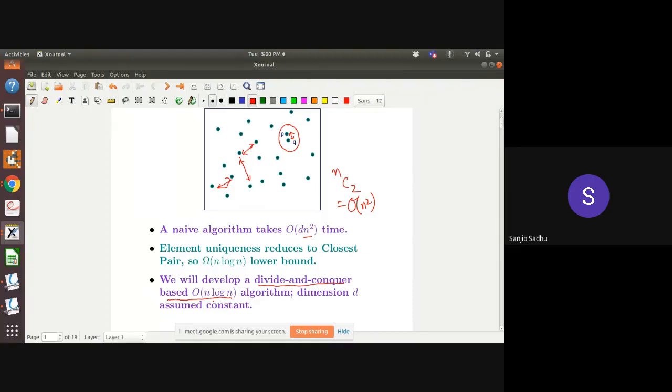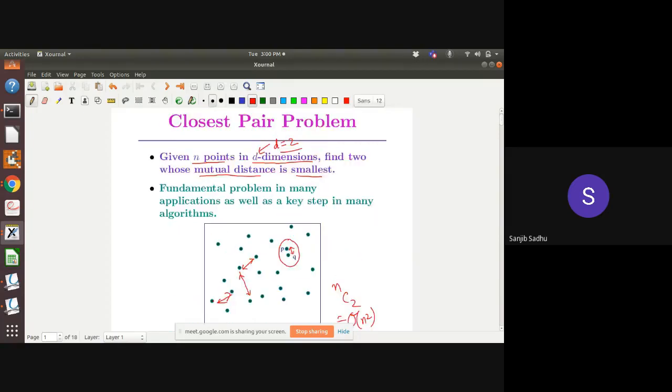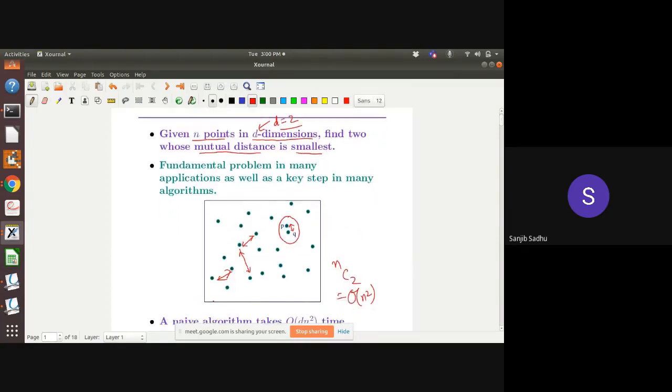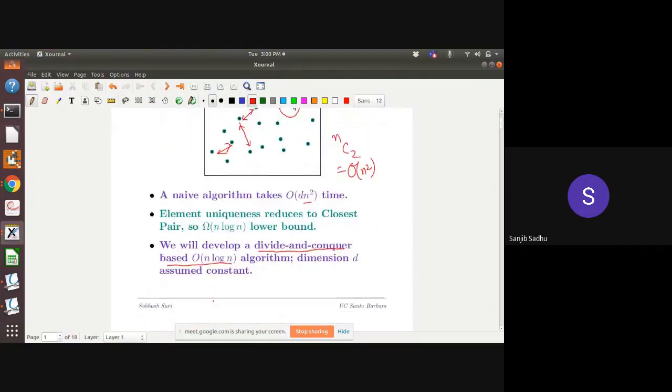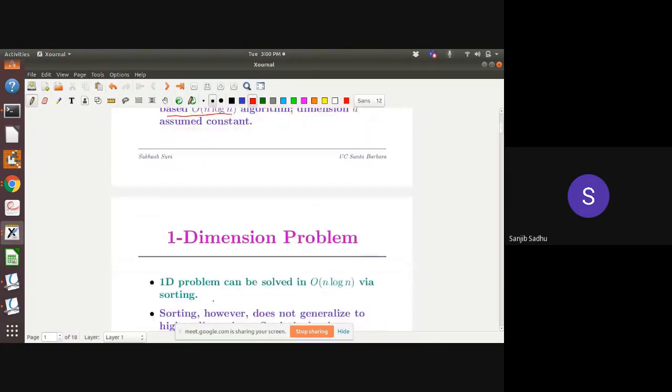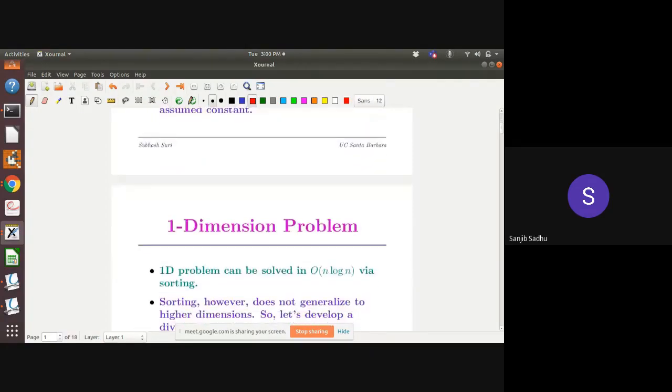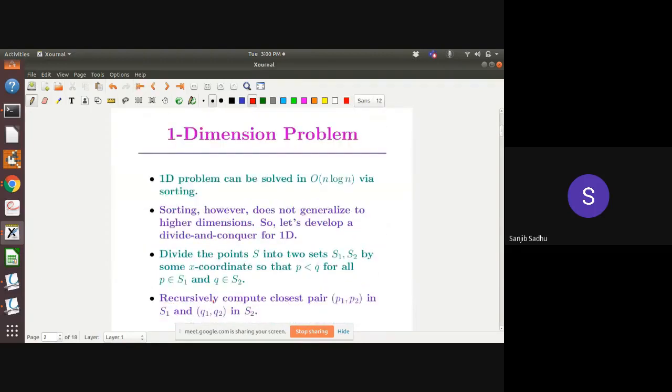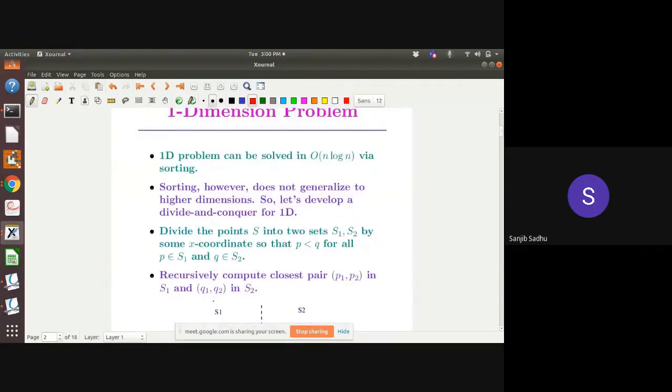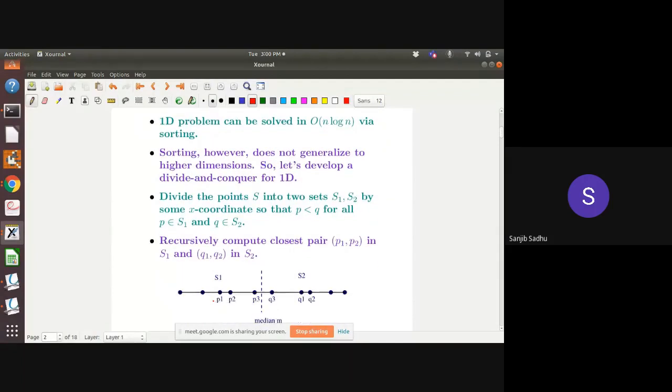So this is another divide and conquer problem: how to find the closest pair problem, the closest pair of n points lying on a plane. If it is one dimensional, how can the one dimensional problem be solved? It means the points are on a line. Suppose these points are lying on a line.